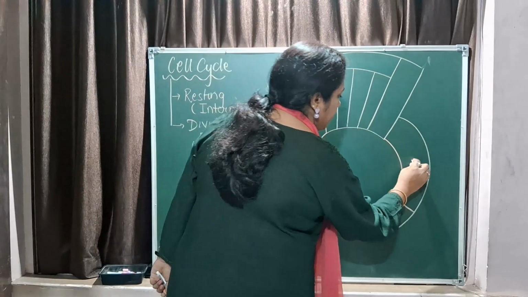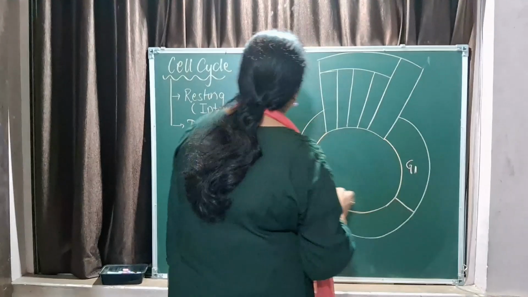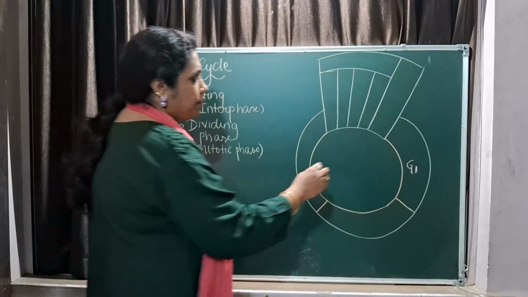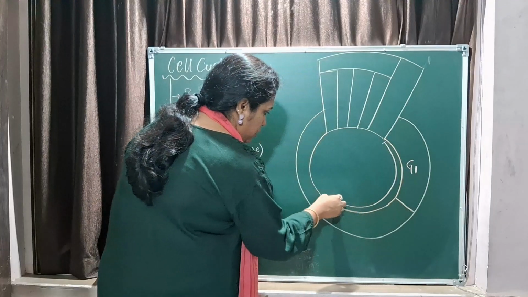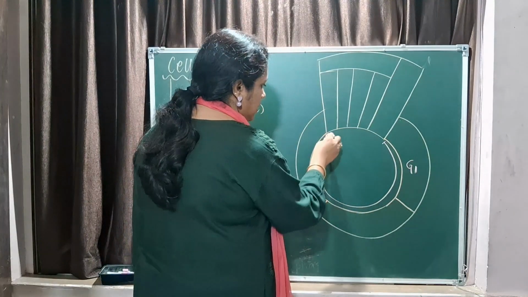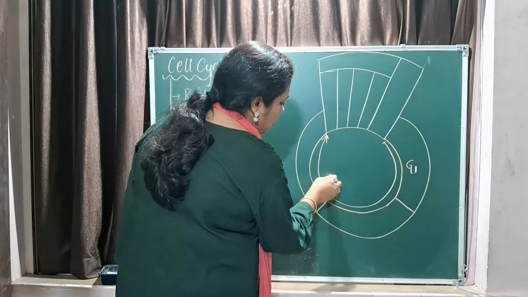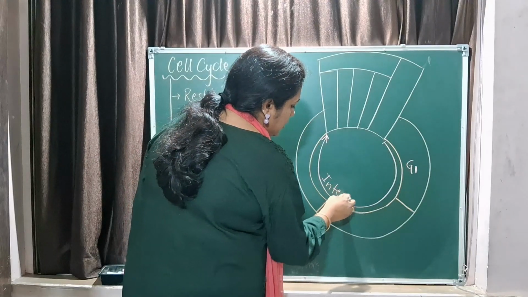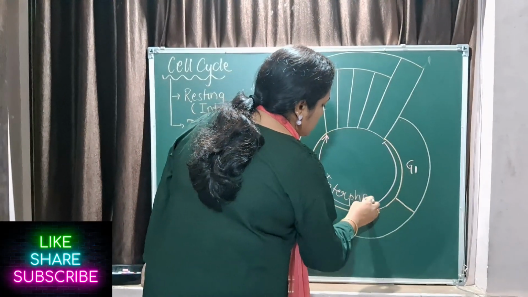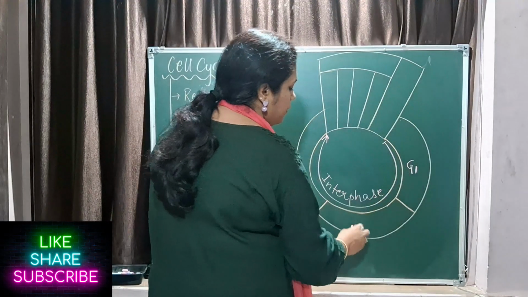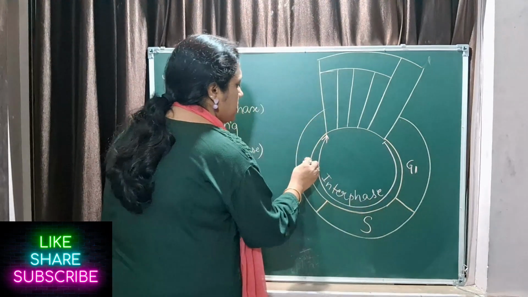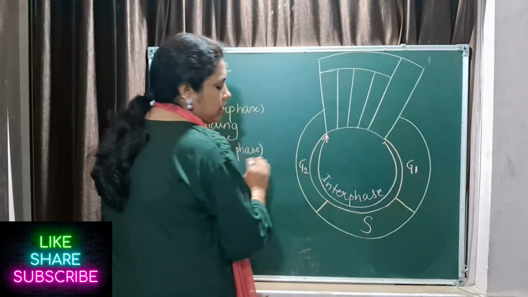The first phase is the resting phase, that is interphase. What is the resting phase? From here to this phase, this is called the interphase. It is the longest phase of the cell cycle. It has got G1 phase, S phase and G2 phase.